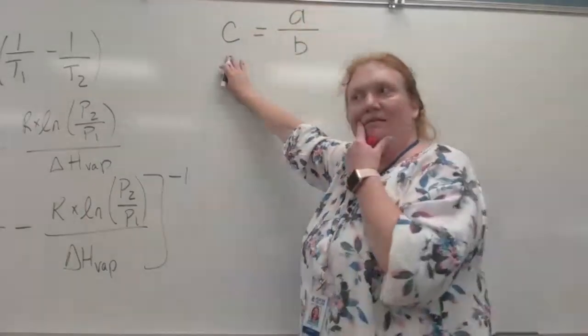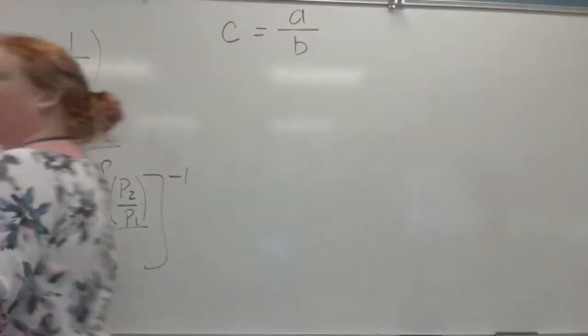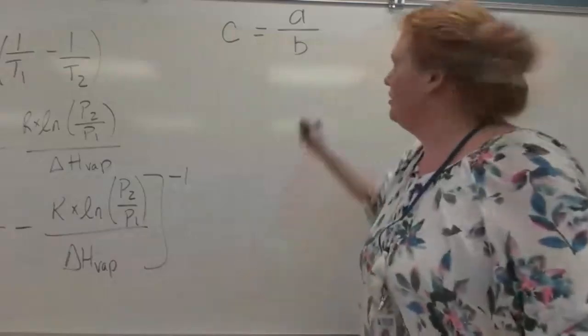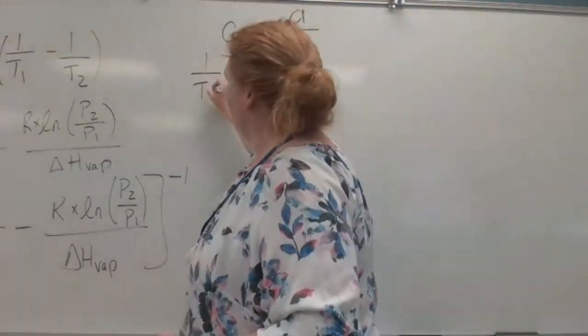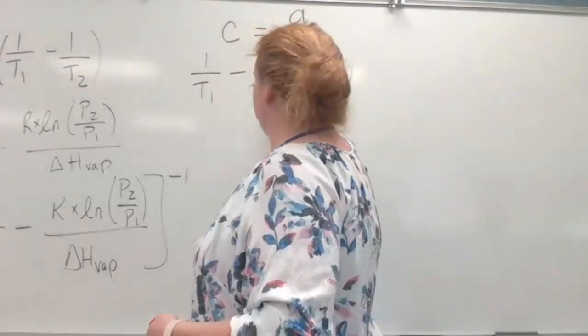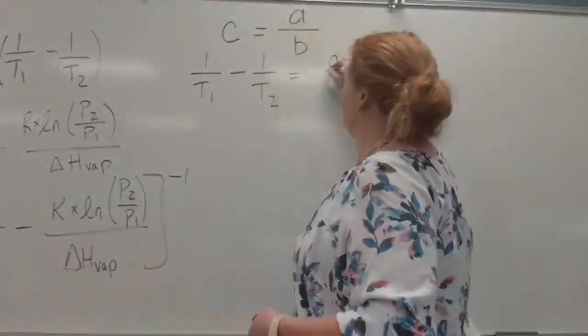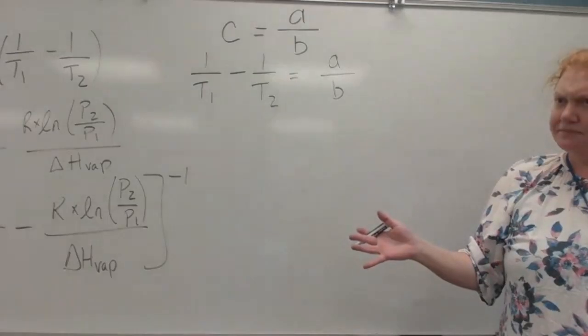So now let me plug back in what I let C represent. C represented for me 1 over T1 minus 1 over T2. And that is equal to whatever A equals divided by whatever B equals, right?